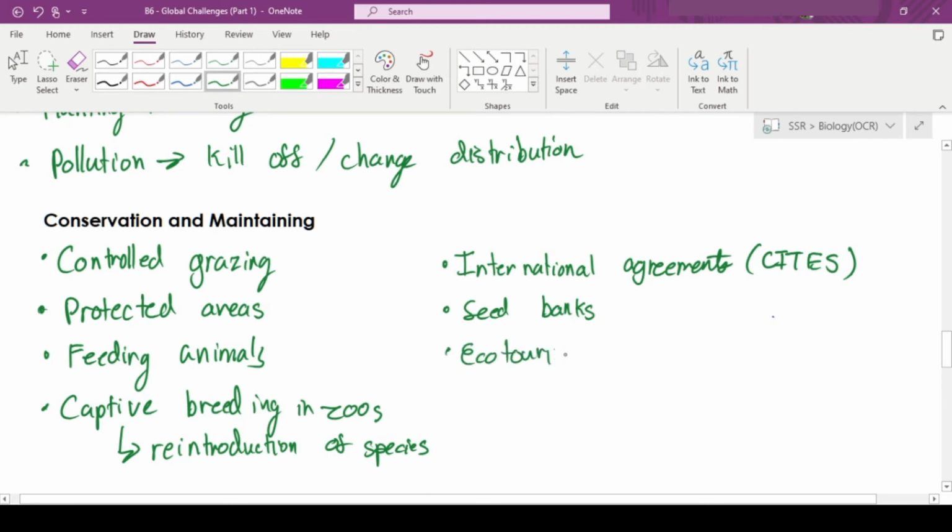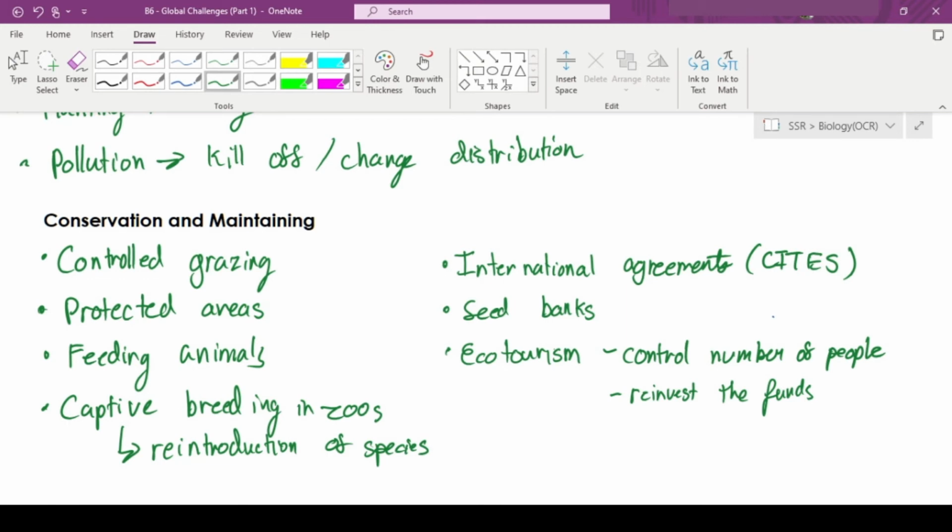We can also allow some limited ecotourism. And so what this means is that we can control the number of people who are going into an environment. And because those people will be paying to go into the environment, or paying individuals in the community, we can use the money that they're paying to reinvest into the community, or into controlled grazing or protected areas or feeding animals, kind of reinvest it into those programs.